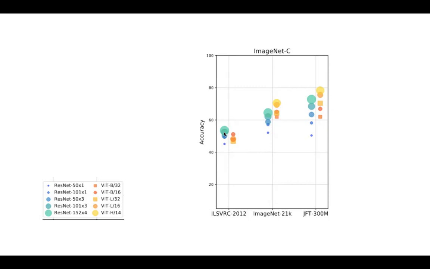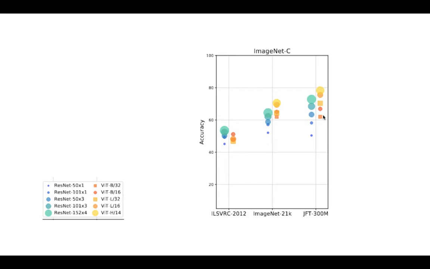There are things like translational invariance and spatial locality that are already inherent to CNNs, and that help it perform a lot better than ViT in the arena where there's not much data. So we can see in the data set having the least number of images, the ResNet performs better than ViTs.